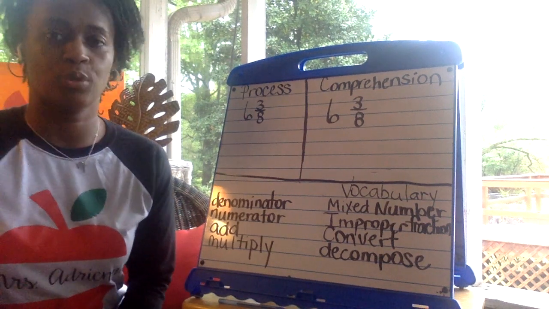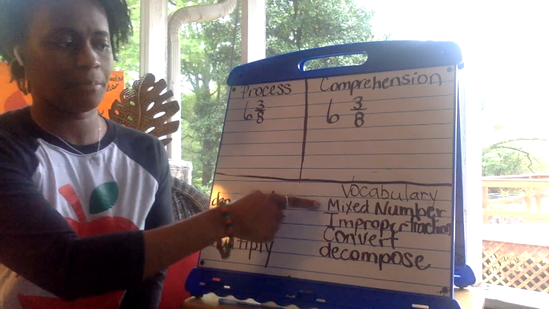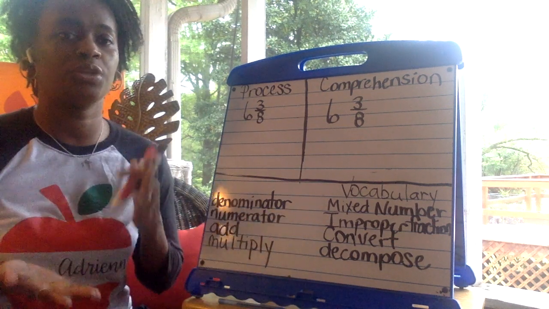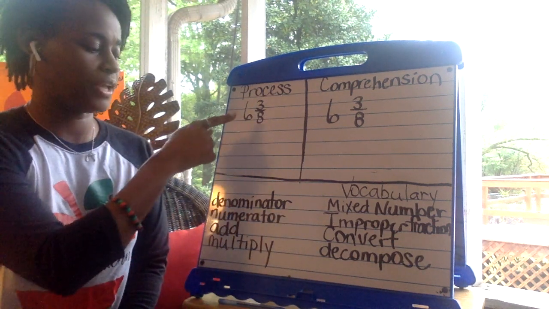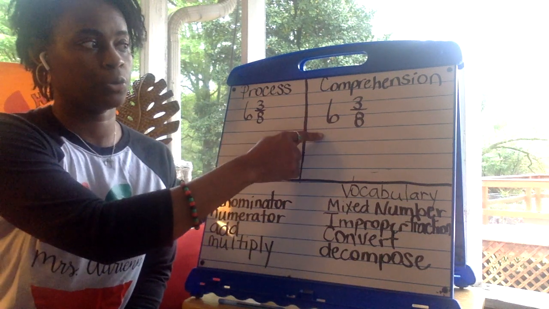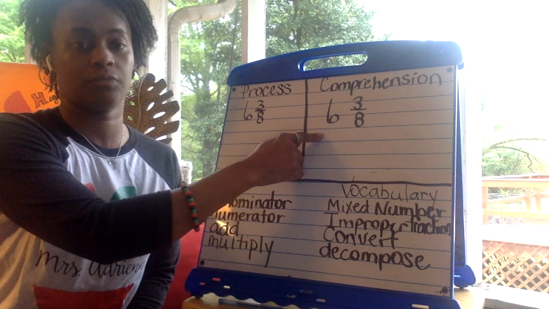Today I want to explore the options of mixed numbers and improper fractions in two different perspectives. I want to look at it through a process perspective and also a comprehension perspective.